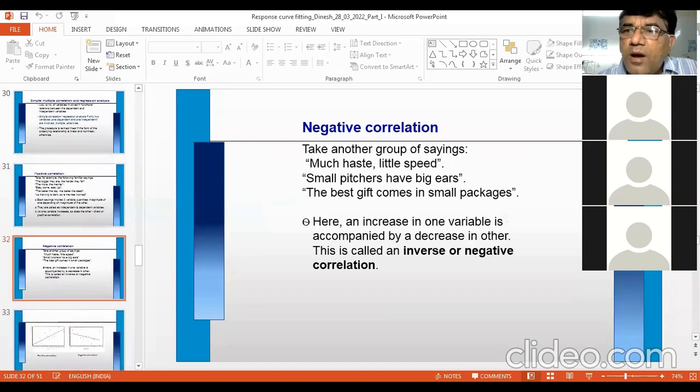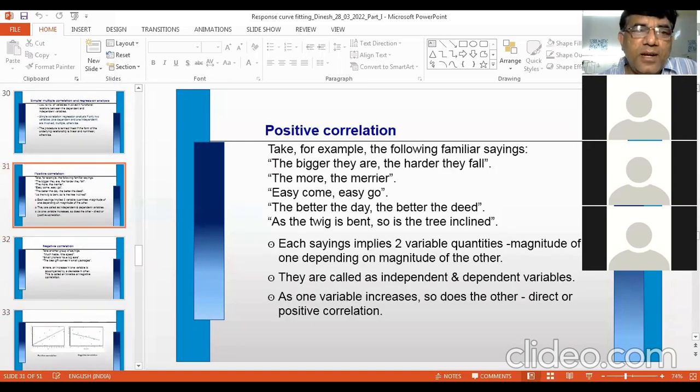Now, to help you further understand what Deepak has asked, I'm showing you the difference between correlation and regression. Take some examples. The bigger they are, the harder they fall. So this is not a numerical association. This is just a kind of physical or qualitative relationship. The more, the merrier. Easy come, easy go.